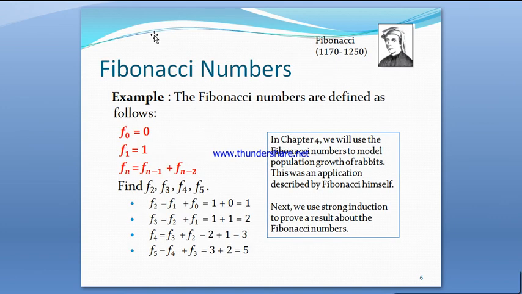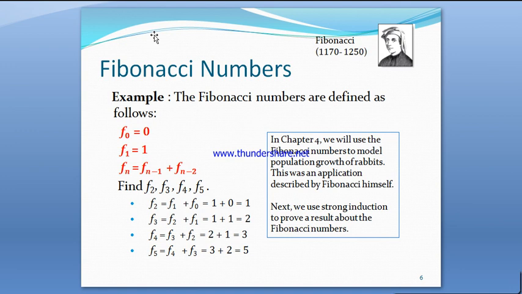Now let us see how the Fibonacci numbers are defined. We have f0, the first Fibonacci number, is 0, f1 equal to 1, and relating the different elements of the Fibonacci numbers, the relation is defined as fn equal to fn minus 1 plus fn minus 2.